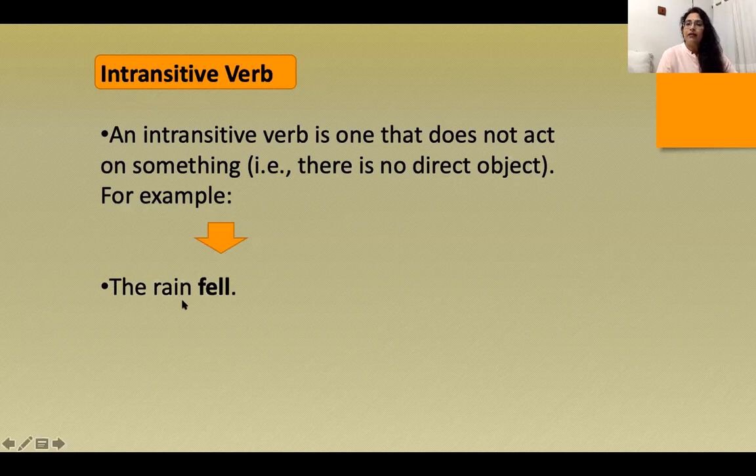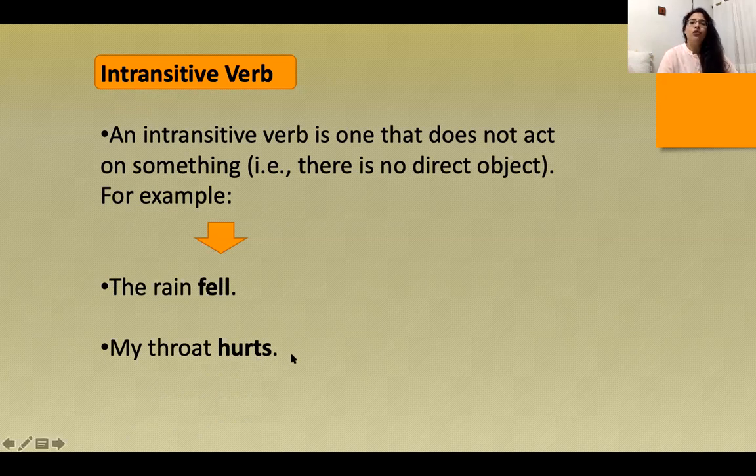Rain fell. It fell, but it's not mentioned that it fell on the ground or in the river or anywhere else. There is no direct object. My throat hurts. So my throat is the subject, and hurts is a verb. Questions like how or what it is hurting cannot be answered by the verb.